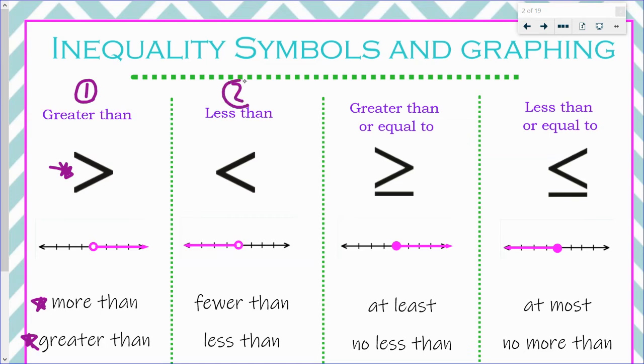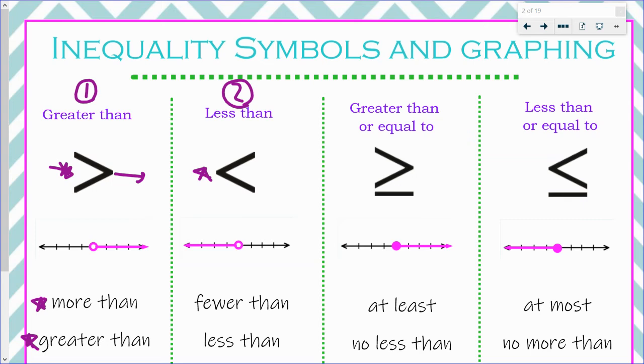Next, we have less than. I'm just numbering them to show you where I'm talking about. The numbers really have no meaning to anything. Less than, you hit your point first. Less than has an open circle and always shades to the lesser numbers, which is to the left. Less than, left. Sometimes I think, even going back to greater than, you see how this point is going that way?